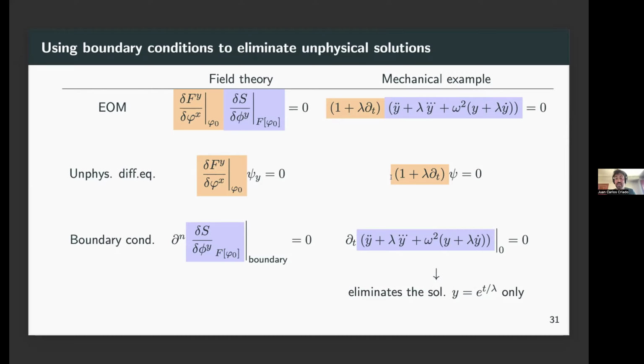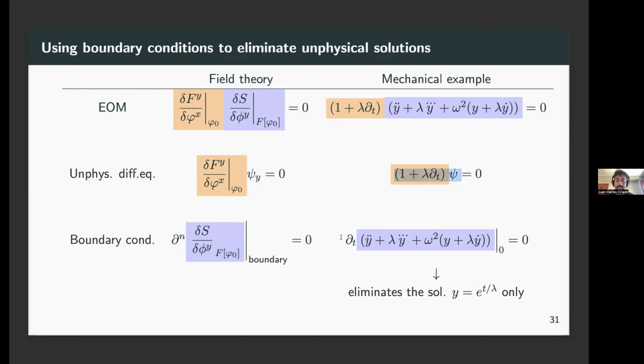So that's the idea, and the way in which you can solve that is, if you want to make sure that a solution to this equation is trivial, you have to impose, in this case just an initial condition, that the derivative of this function is zero. And if you impose that and you have a first order equation, then the solution must be zero everywhere. So this is in general what you can do with these kinds of unphysical solutions.